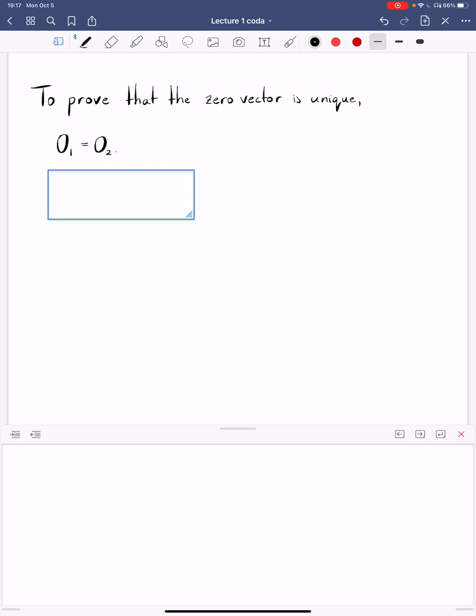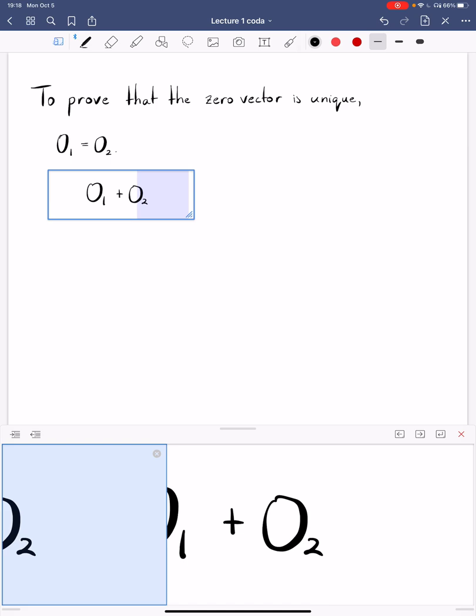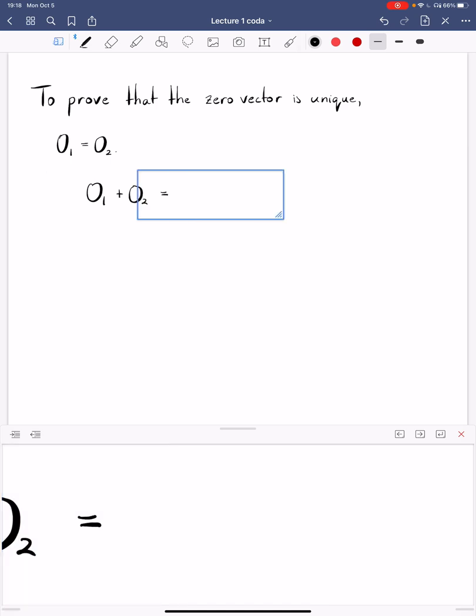Okay, so let me write down the sum of these two zero vectors. So 0_1 plus 0_2. On one hand, this is equal to 0_1, right? And why is that?